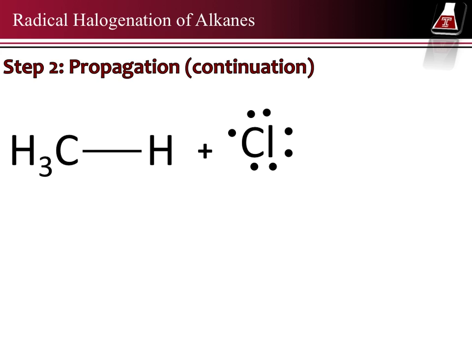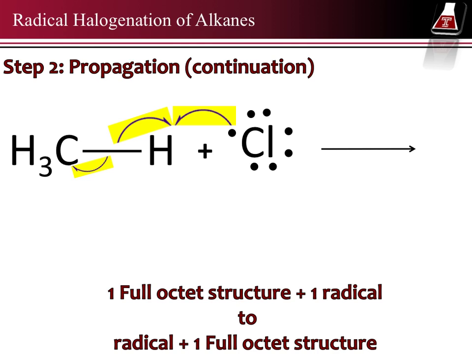Propagation, the continuation of this reaction. Now that we have a chlorine radical, this can abstract a hydrogen radical from methane. We're going to halogenate methane in this overall reaction, but not in this step. Here are the arrows.